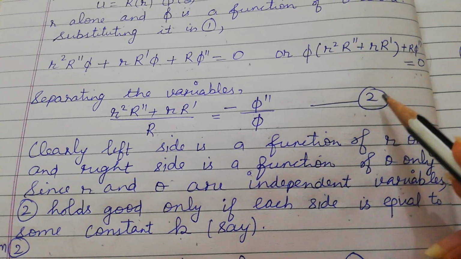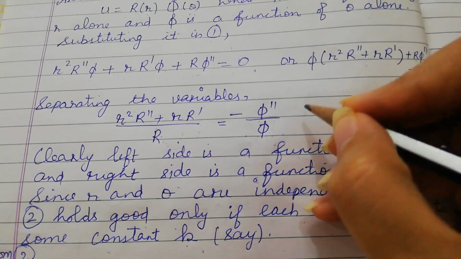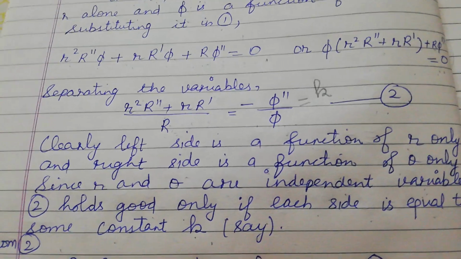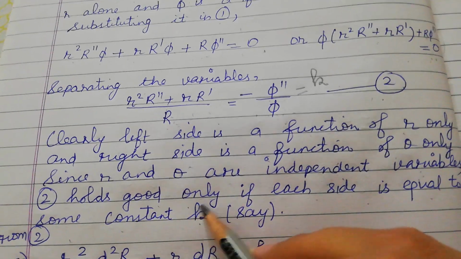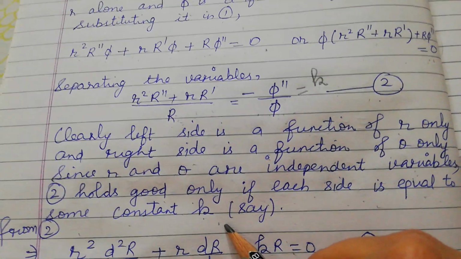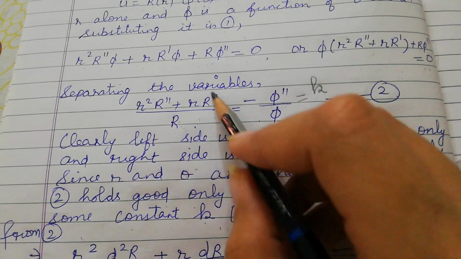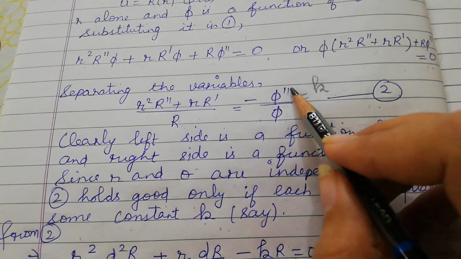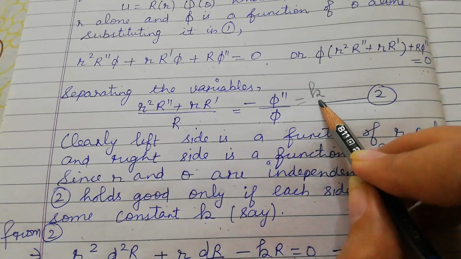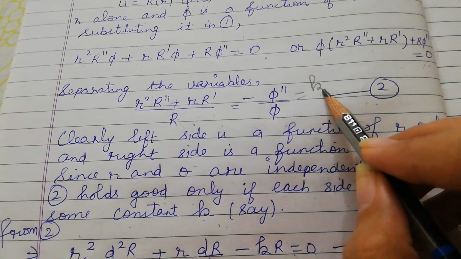This implies equation 2 will hold good only if each side is equal to some constant k, right? Now from second, once we equate this term to k, then we equate this term to k. So we will get two equations. One will be this term equal to k, second will be this term equal to k.